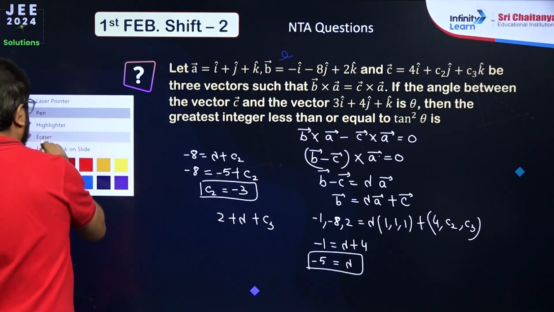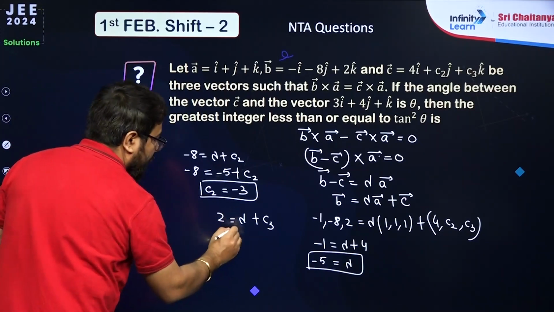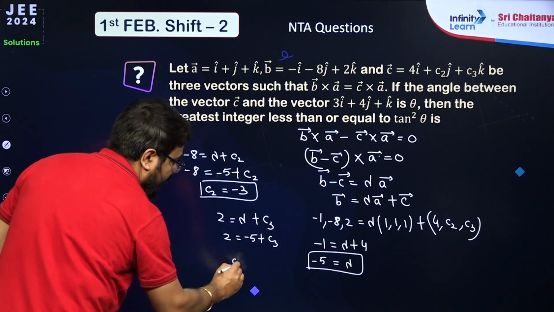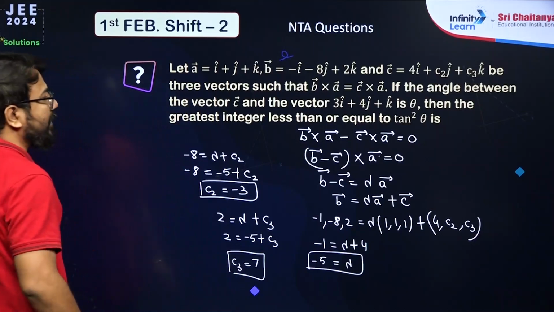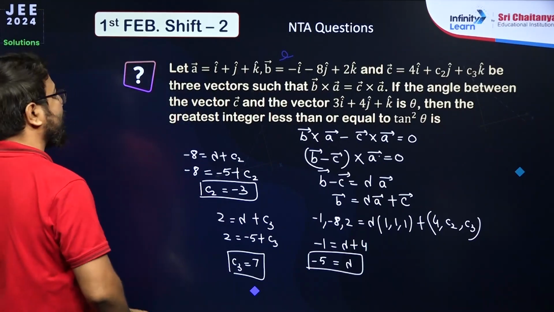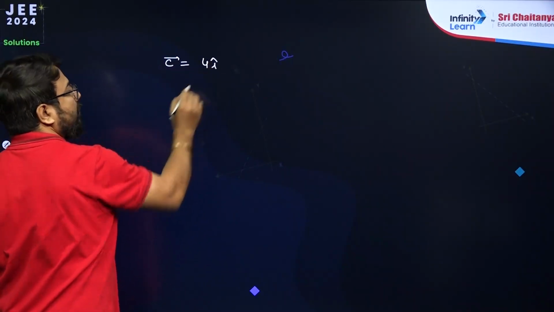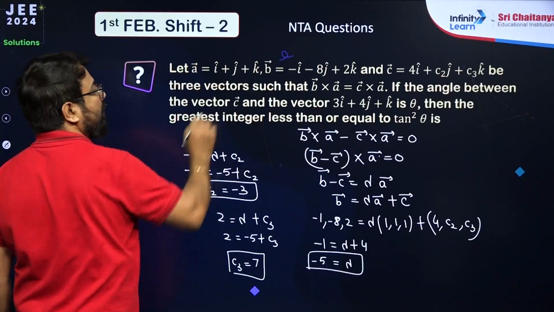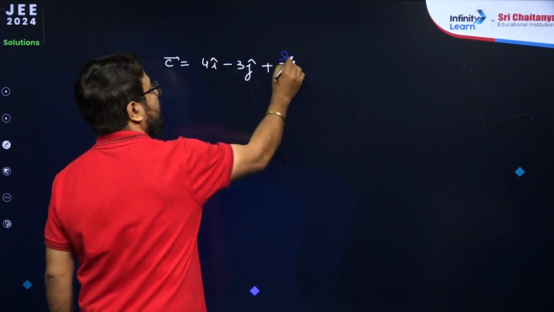Lambda is minus 5, so I'm writing here minus 5. We get the value of C3 from here. C3 will be 7. Is that clear to you? So once we have got C3, the C vector will be 4i cap, then C2 is minus 3 j cap, and C3 is 7 k cap. This is the C vector.